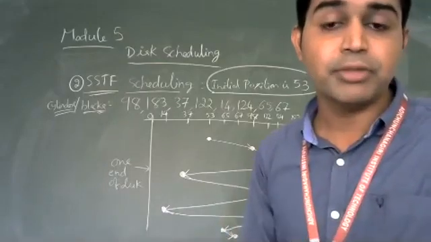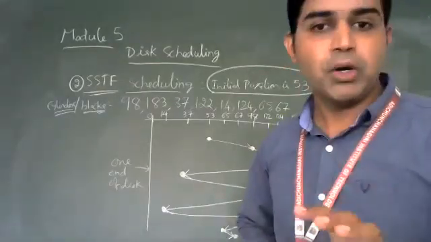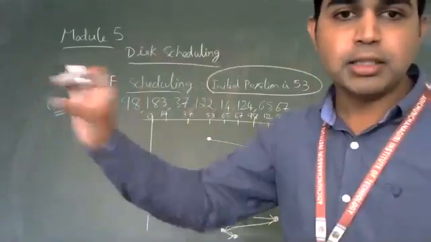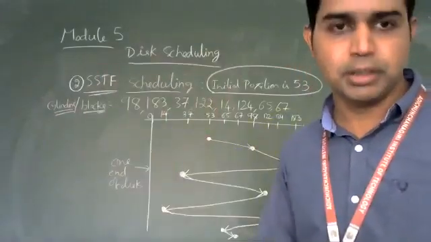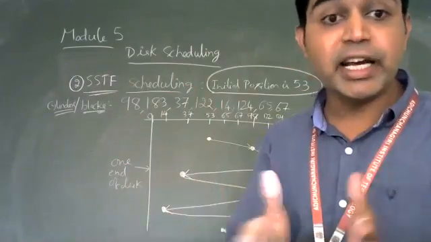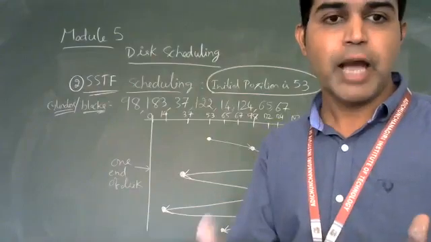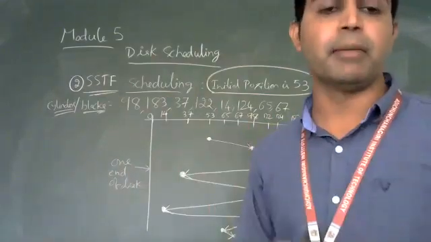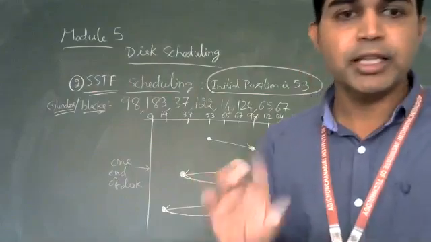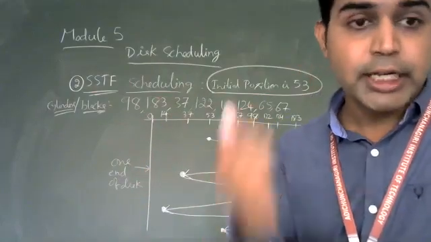Now, what is the meaning of that? From the current position, you have been given the list of cylinder numbers. You have to find out which is the nearest cylinder and travel to that cylinder number. That's why the name is given, shortest seek time first scheduling algorithm.